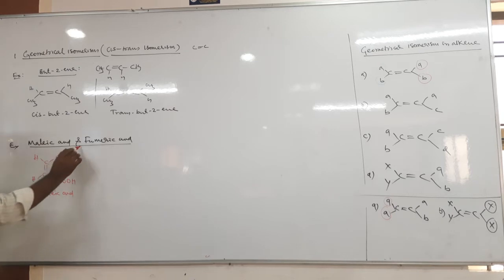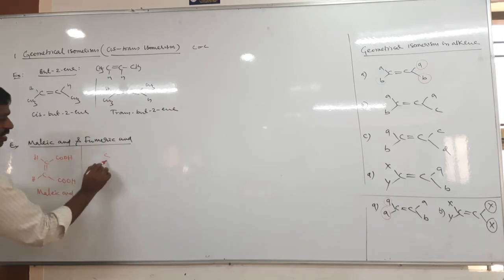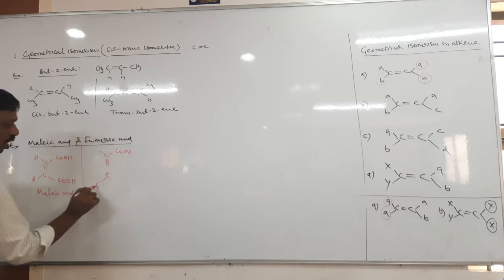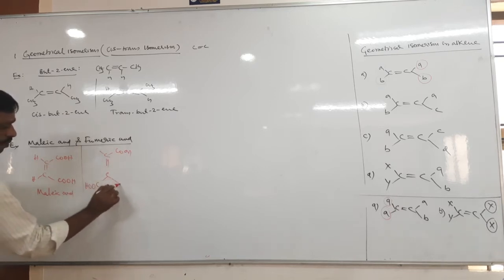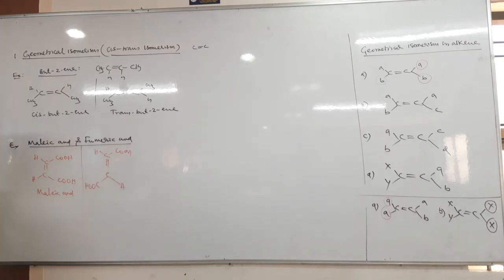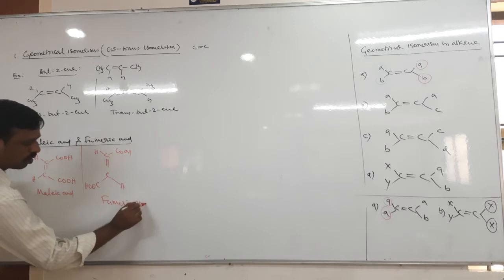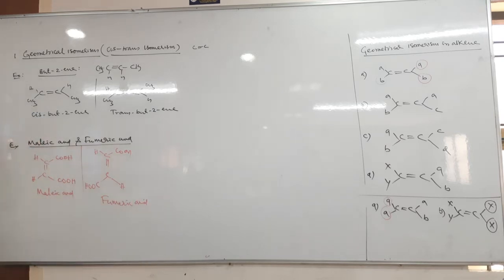It is cis. Next, fumaric acid. Two carboxyl groups are on opposite sides. It is fumaric acid. The properties of maleic acid are different, the properties of fumaric acid are different. Both are not interconvertible. Right? Next, another example.